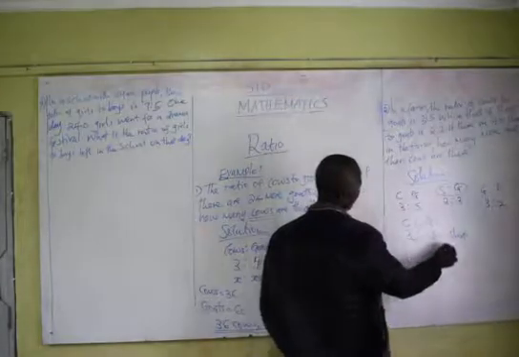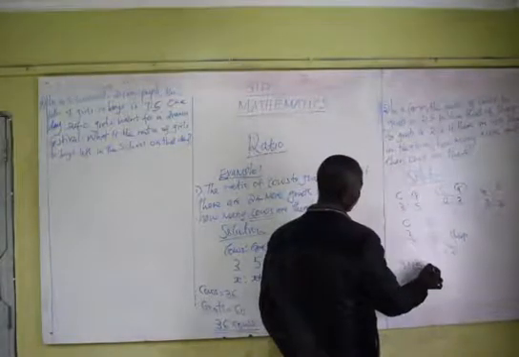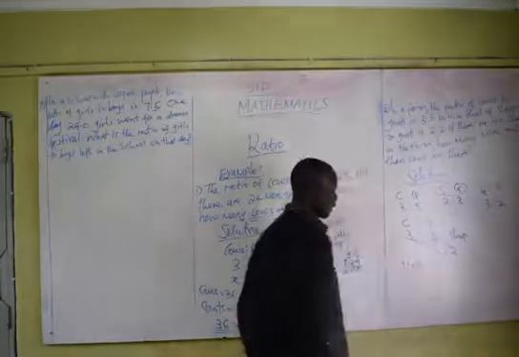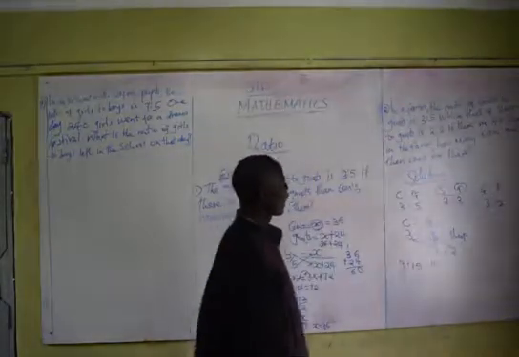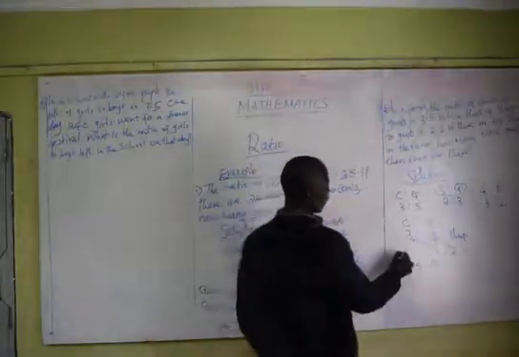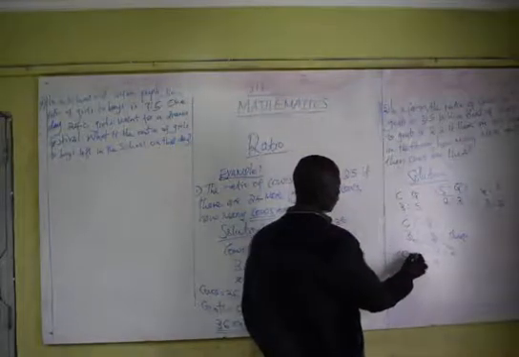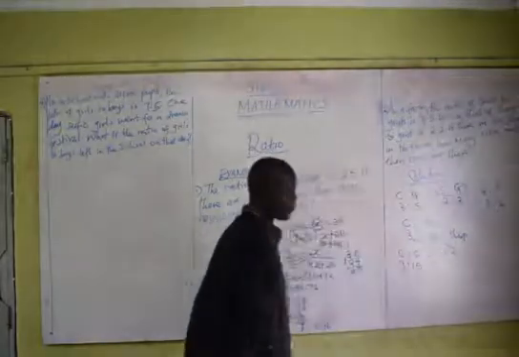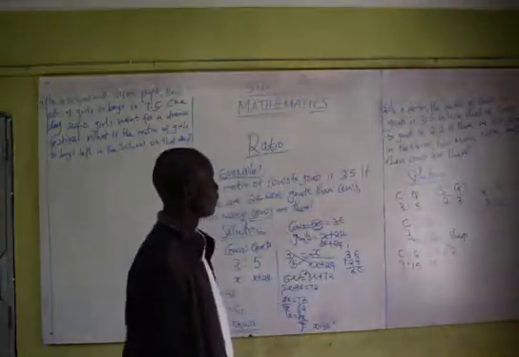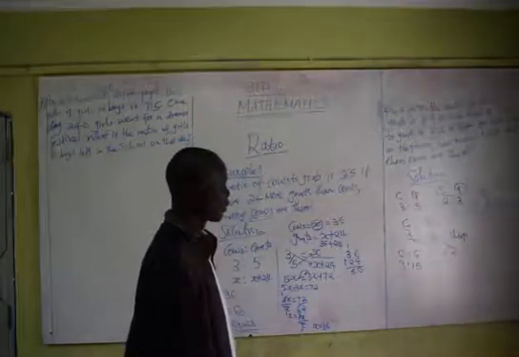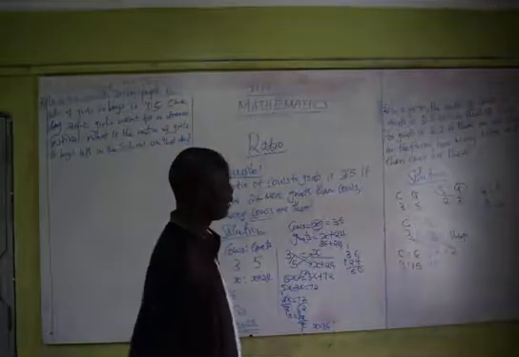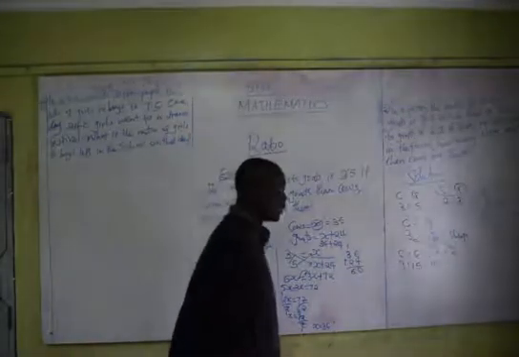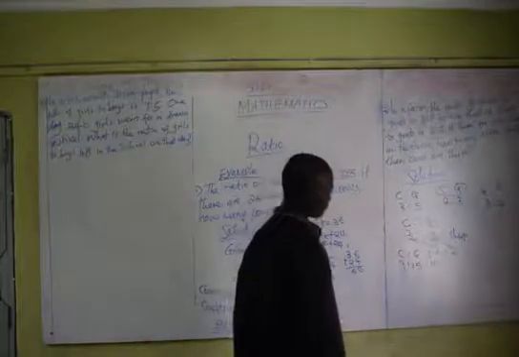And then we have 2 times 5 to give us 10. So that now we have the ratio of cows to goats to sheep as 9 to 15 to 10.